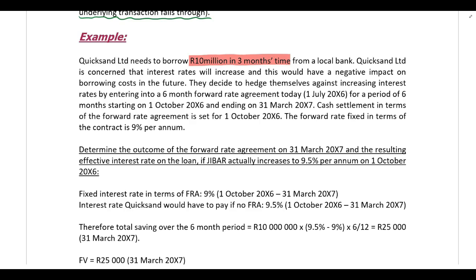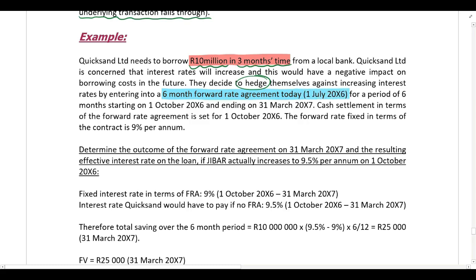So because they're not borrowing today, guys, they're only going to borrow in 3 months' time. So they are concerned that in 3 months' time, when they want to borrow this 10 million rand, that interest rates would have increased. They decide that they are going to hedge themselves against increasing interest rates by entering into a 6-month forward rate agreement today.